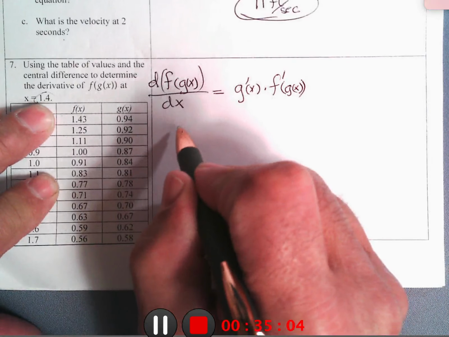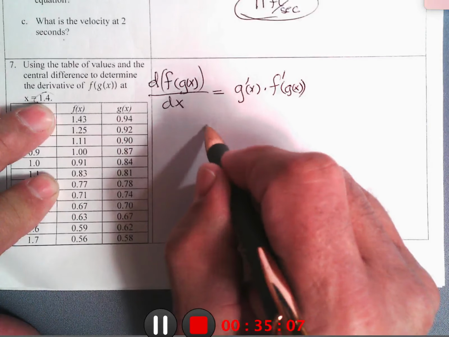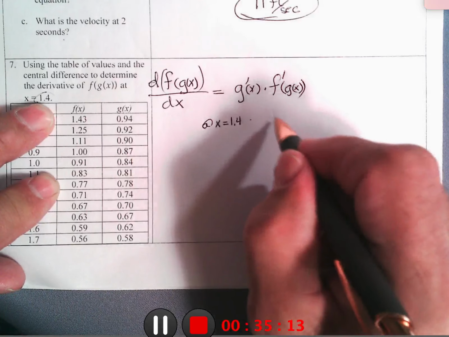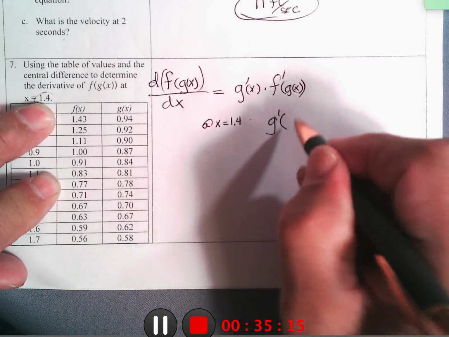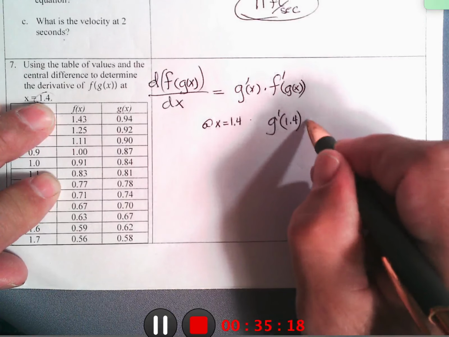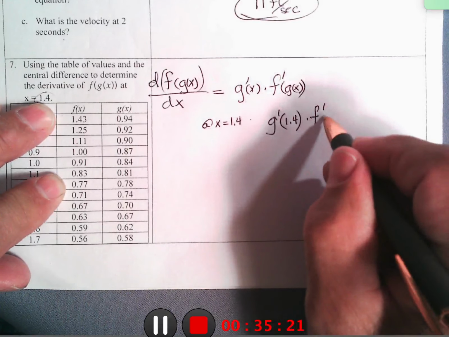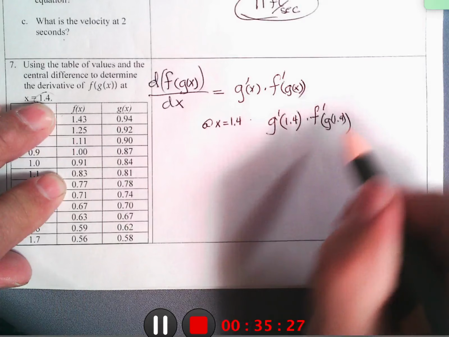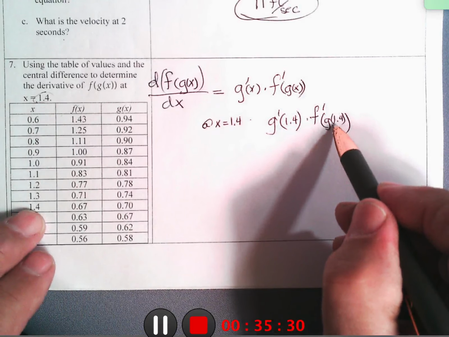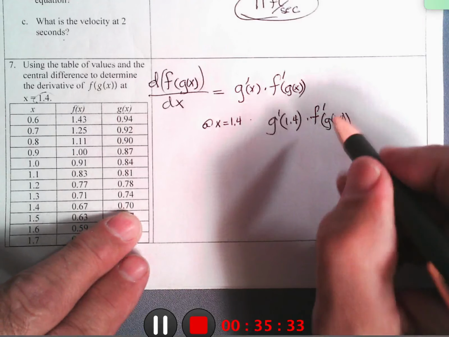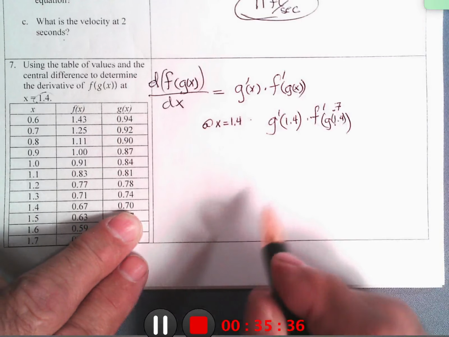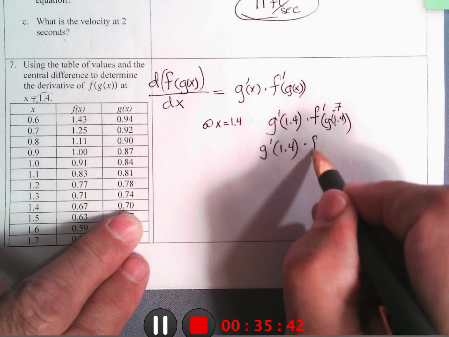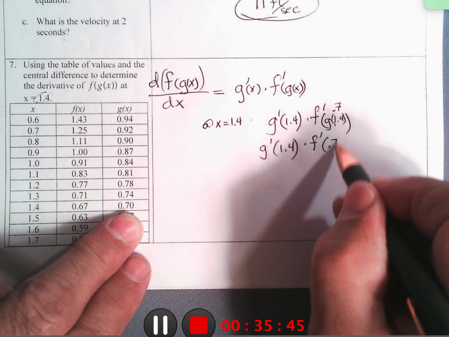So at x equal 1.4, we're going to be finding g prime of 1.4 times f prime of g of 1.4. Now, g of 1.4 is 0.7. So we're finding g prime at 1.4 times f prime at 0.7.